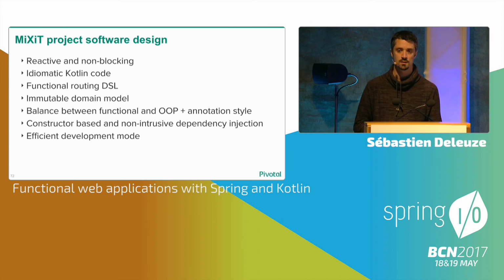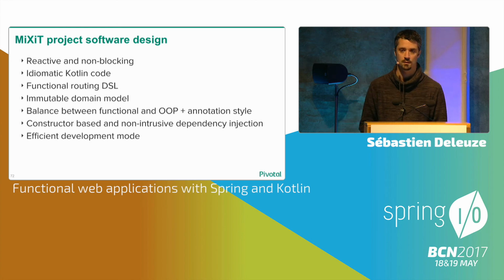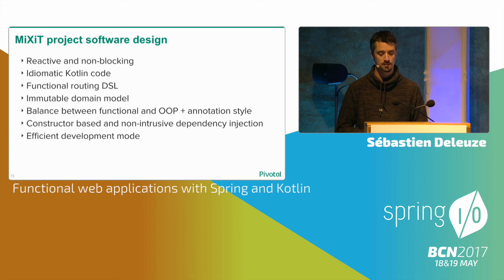You have seen that with Kotlin, I usually don't do injection via setters. I favor constructor-based injection, not only to please Olivier Gierke, but because that's really natural in Kotlin to do it that way, and that allows us to use val for immutable fields.